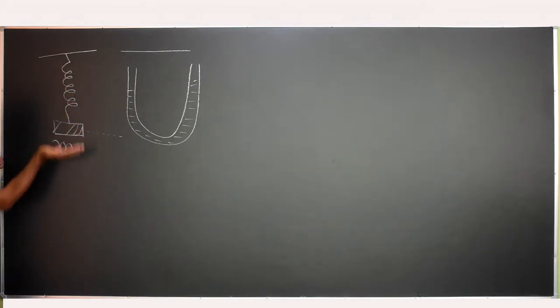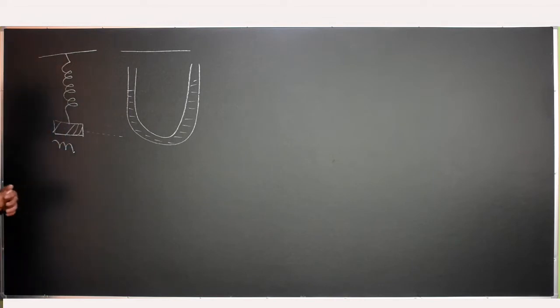So this type of motion is known as oscillatory motion. It is a to and fro motion and the motion is repeating after equal intervals of time. We call this oscillatory motion.